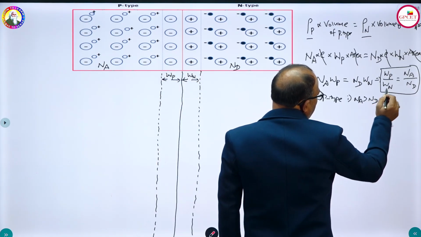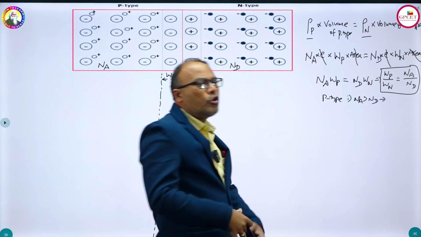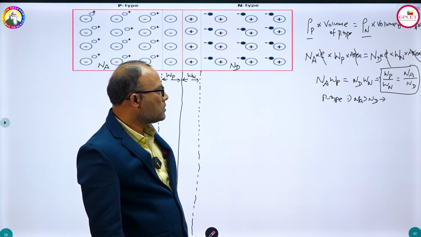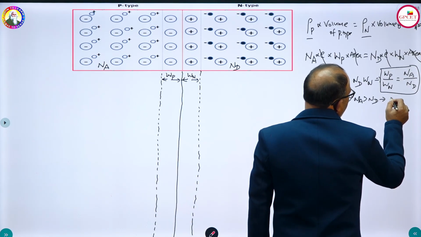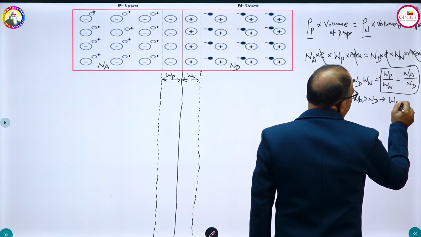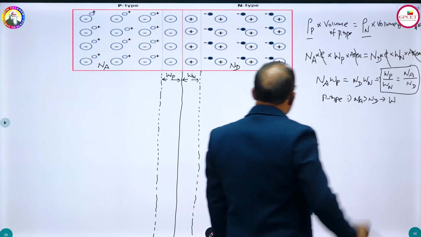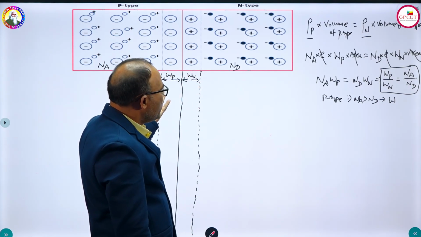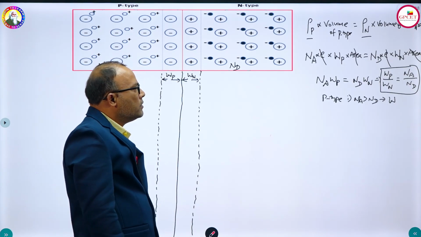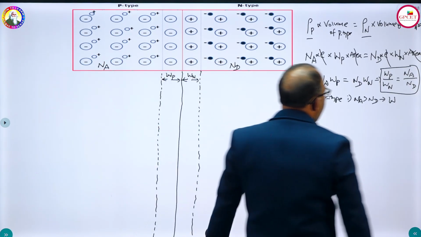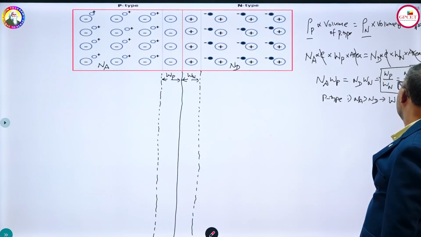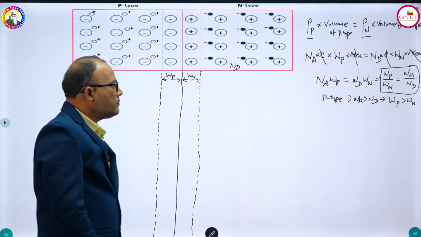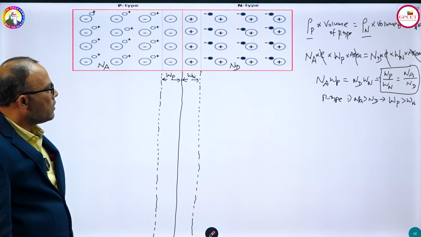If Na is greater than Nd, the acceptor concentration is larger than the donor concentration.